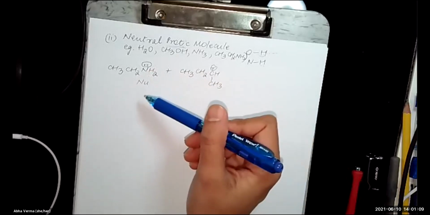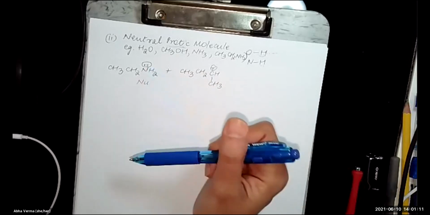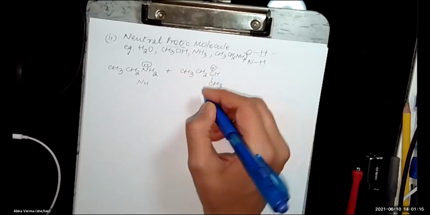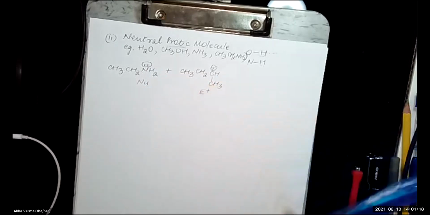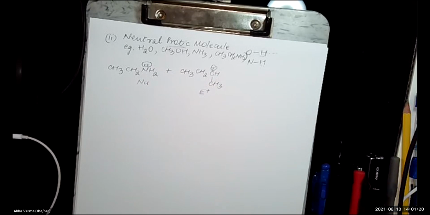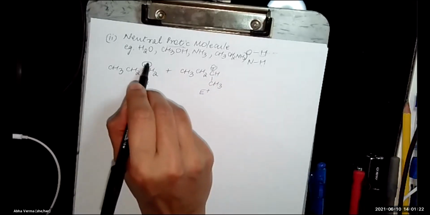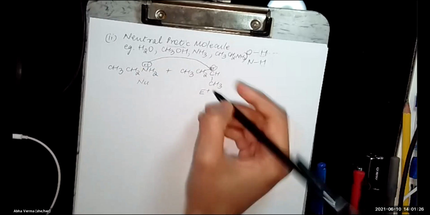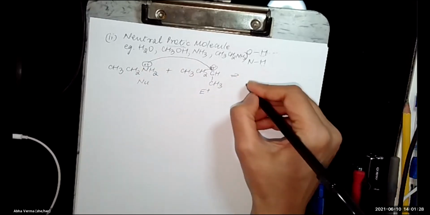Next is substitutions. Yes, this is the electron donor. I will label it as my nucleophile, and hence this carbon will be treated as my electrophilic carbon. I will now show my nucleophilic attack. And what do I get?